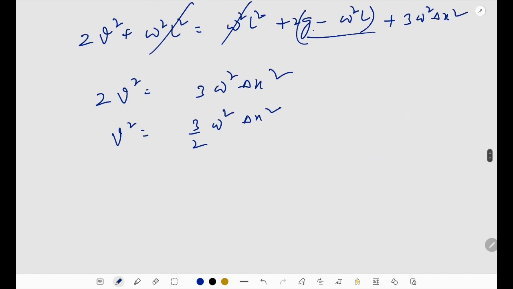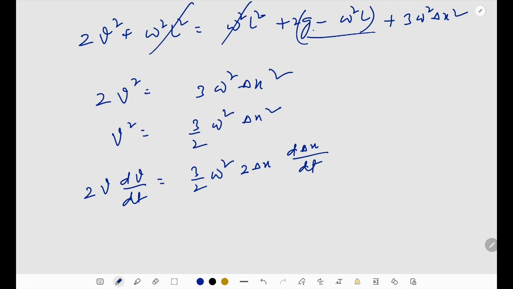If you differentiate it, you will get 2b dv by dt equals 3 by 2 omega square 2 delta x and d delta x by dt.